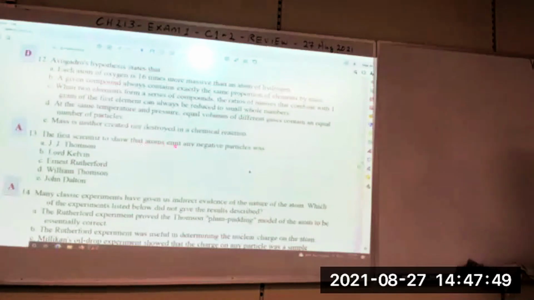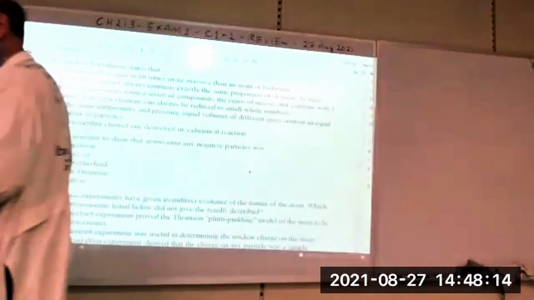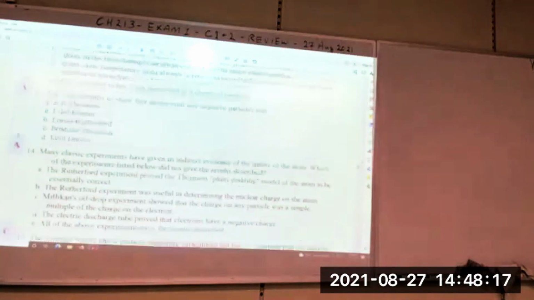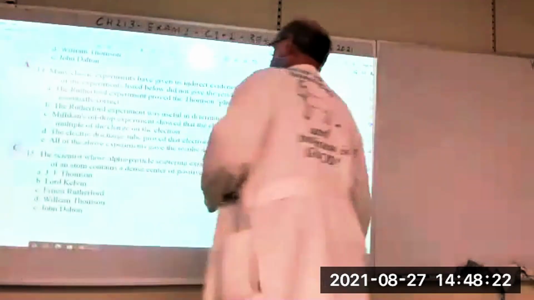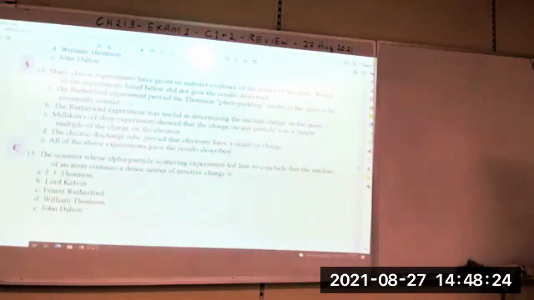The first scientist to show that atoms emit any negative particles was J.J. Thomson. He identified the electron, and he actually calculated the ratio of charge to mass. All right, one second, let me scroll up a little bit. Many classic experiments have given us indirect evidence of the nature of the atom.